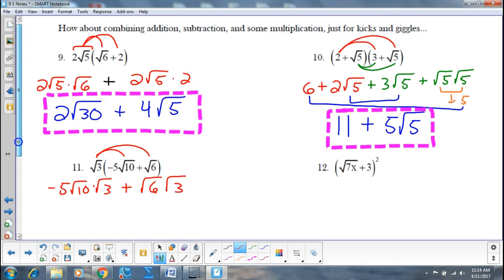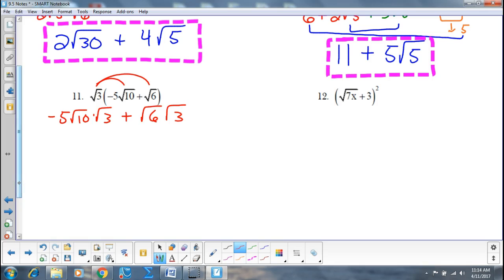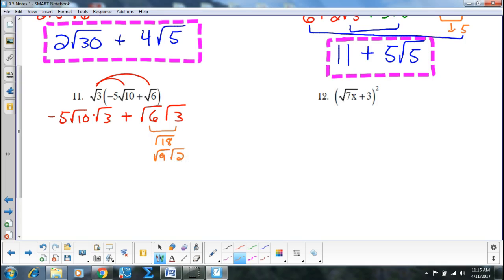Right? So this would become the square root of 18, which is the square root of 9 times the square root of 2. So this one would become negative 5 times the square root of 30 plus 3 square roots of 2.